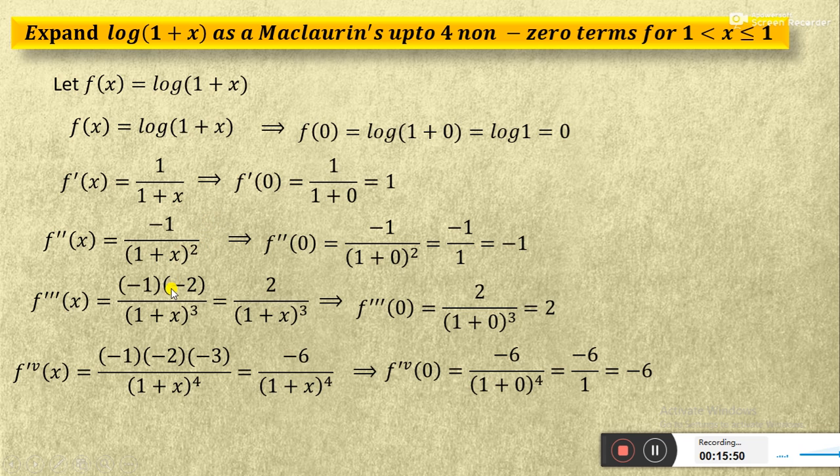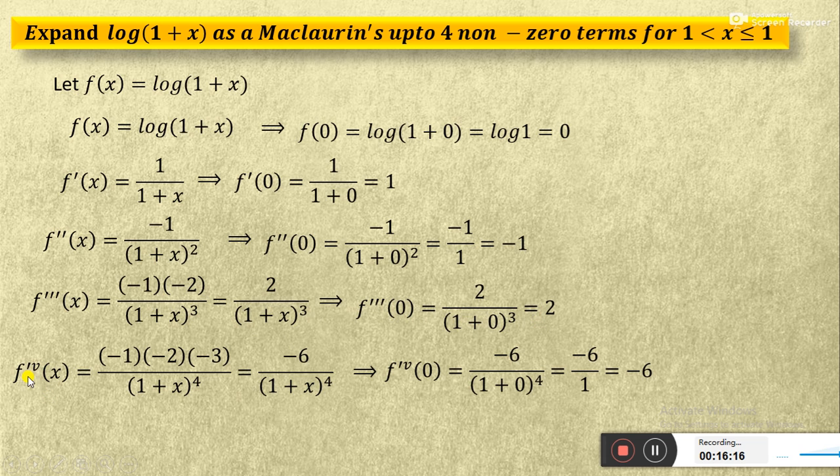The answer is minus 1 into minus 2 by 1 plus x whole power 3, which is 2 by 1 plus x whole power 3. Therefore f triple dash of 0 equals 2 by 1, which is 2.